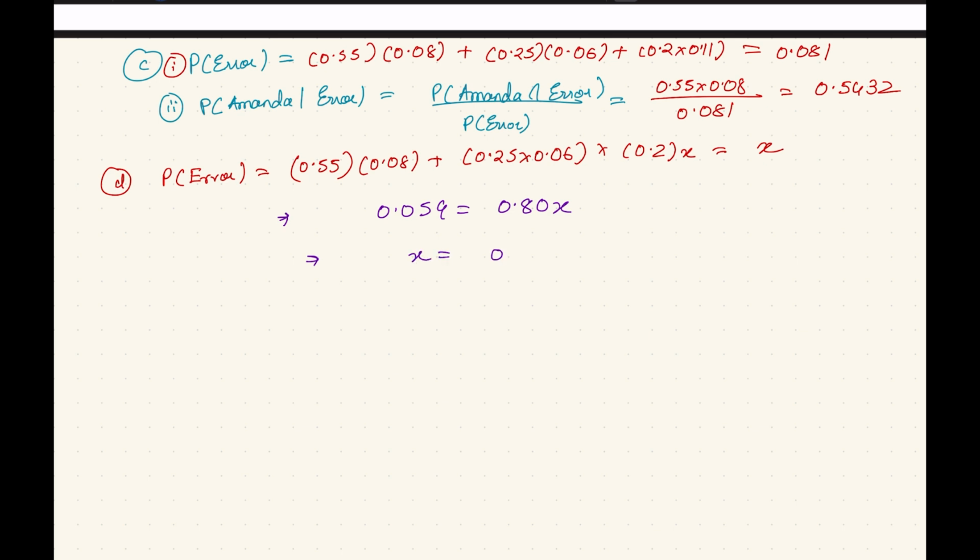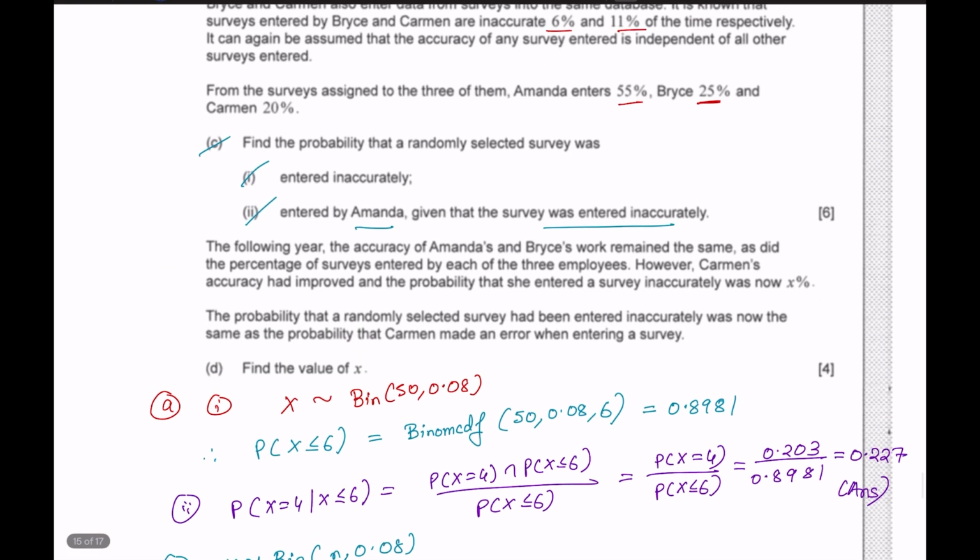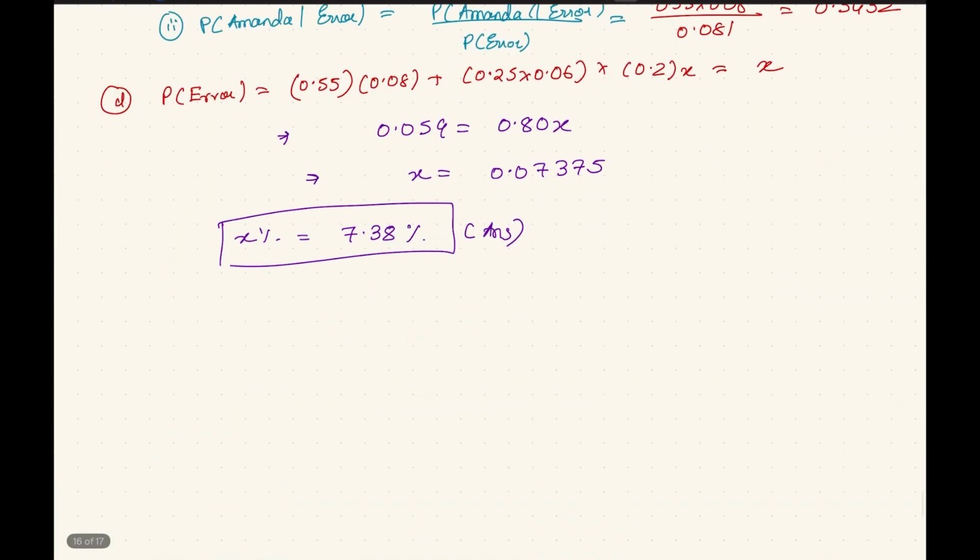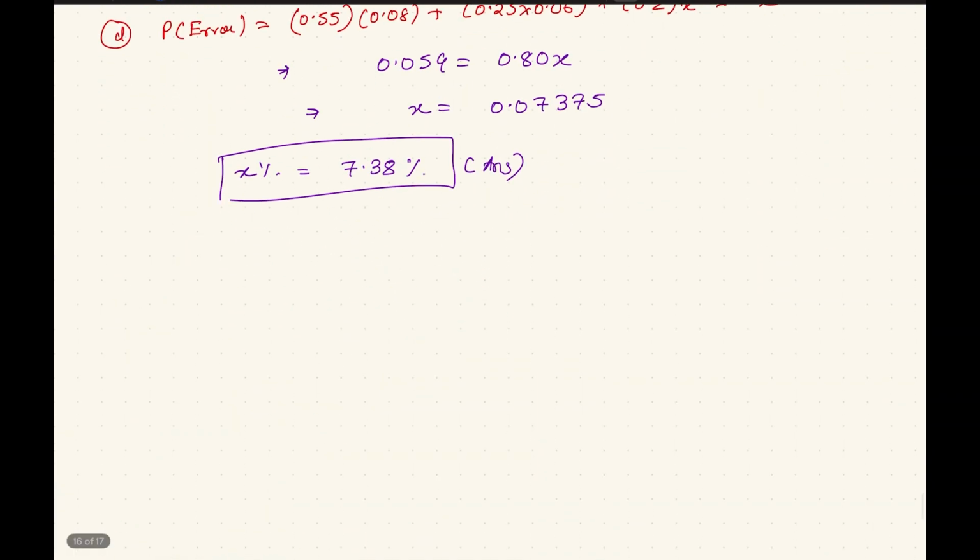From here, x will be 0.07375. And x, if I convert it to percent, it will be 7.375 or 7.38% approximately. So Carmen's accuracy has improved from 11% error to 7.38% error. That's it.